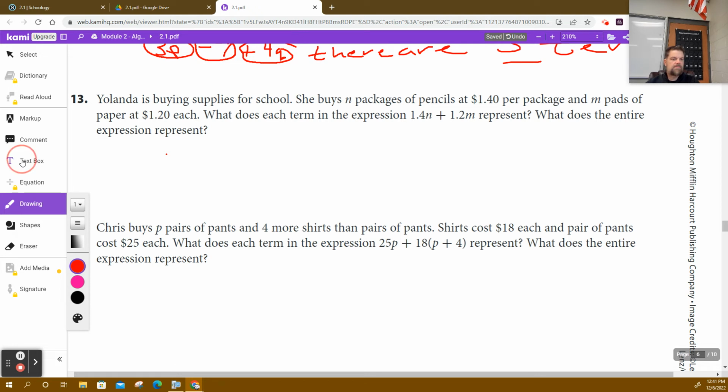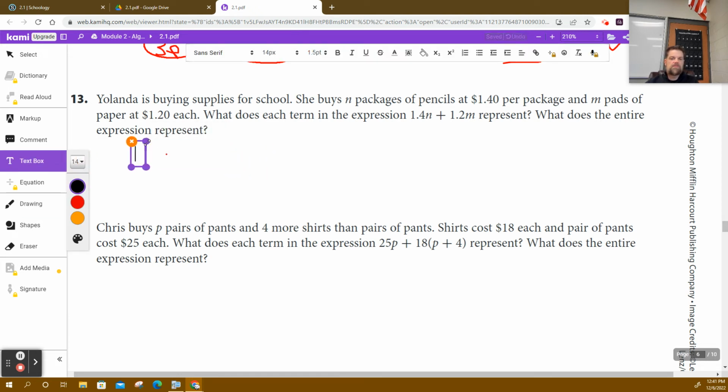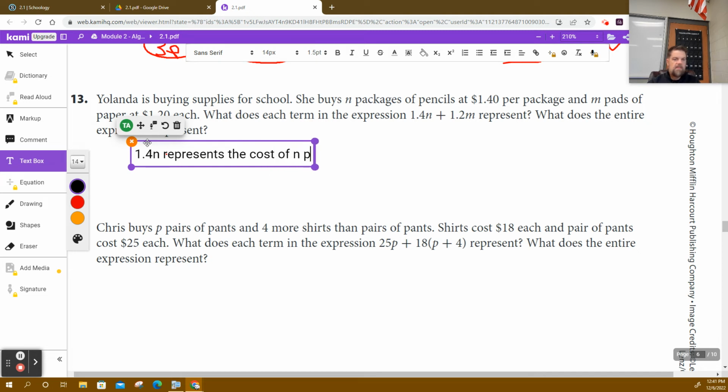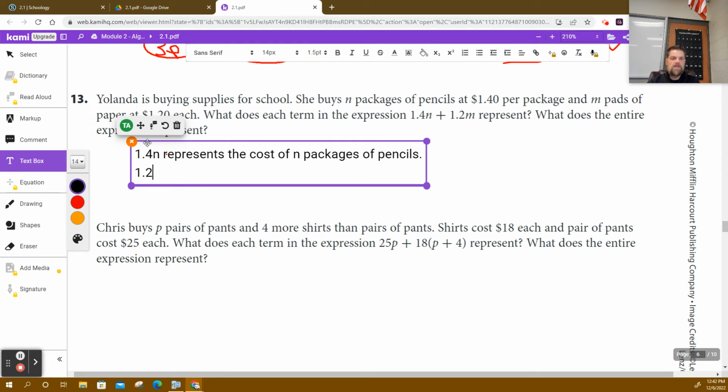So let's talk about that. 1.4n represents the cost of n packages of pencils. 1.2m represents the cost of m pads of paper.